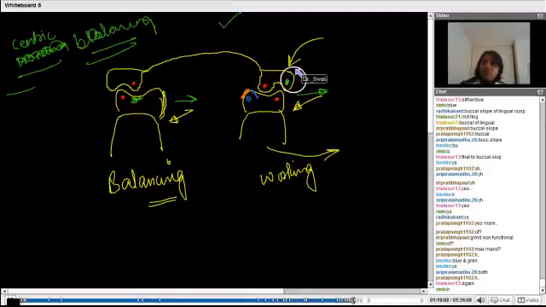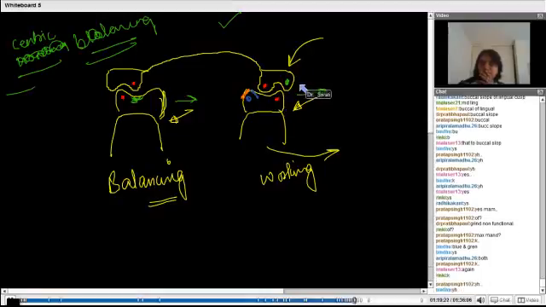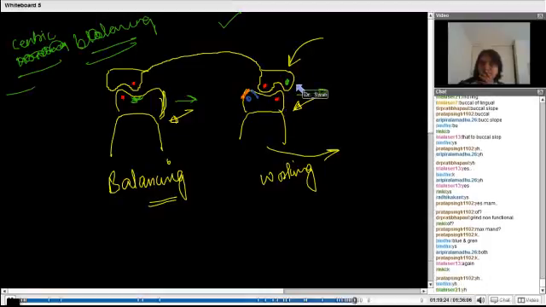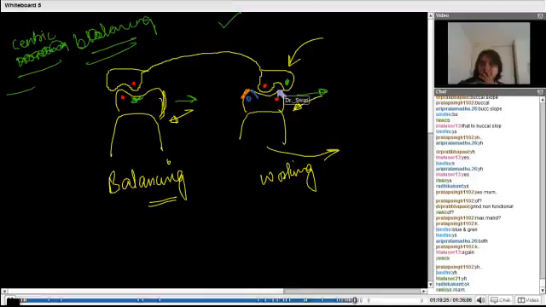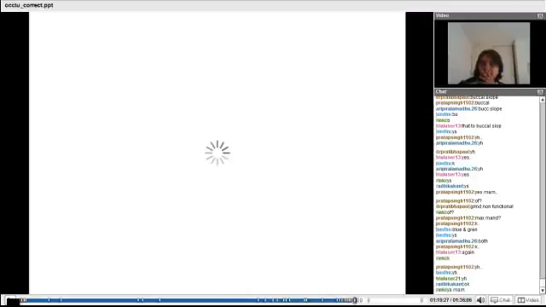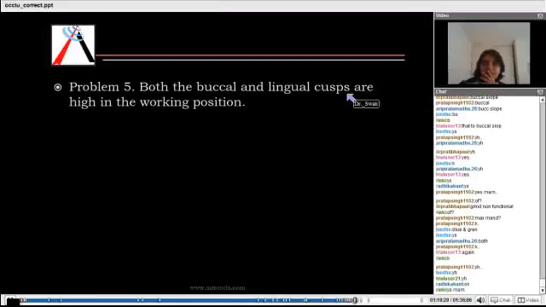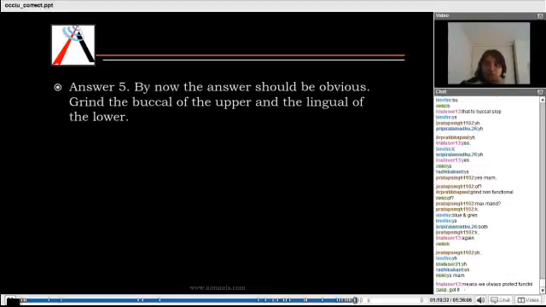Either way, I'll have to grind this blue and this green to remove these high points. Even if I consider maxillary buccal and lingual being high, the result is the same. Clear? Good. Okay. So all good till now.